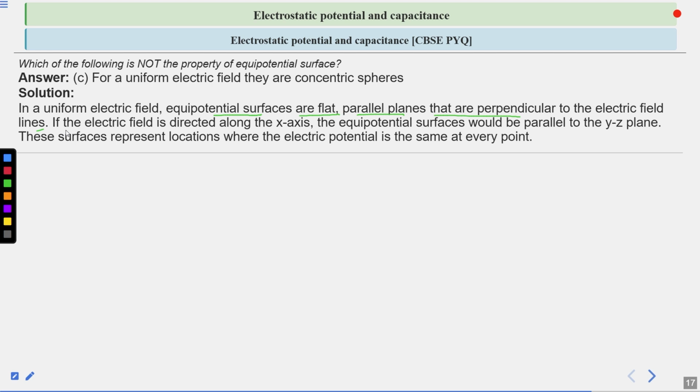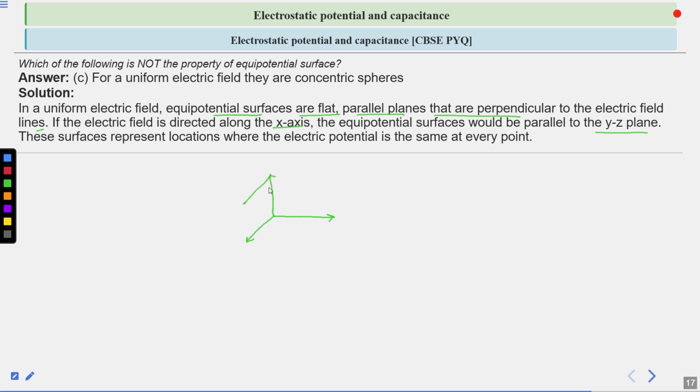So how can we represent them? Assume the electric field is directed along the x-axis, the equipotential surfaces would be parallel to the yz plane. This is the yz plane.